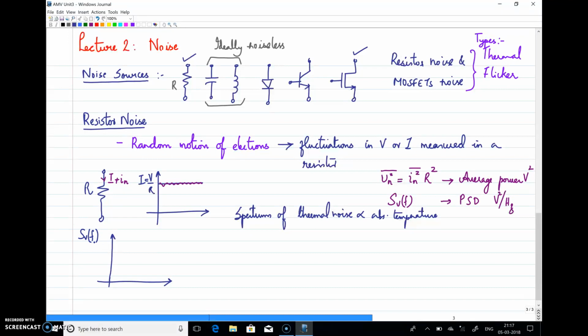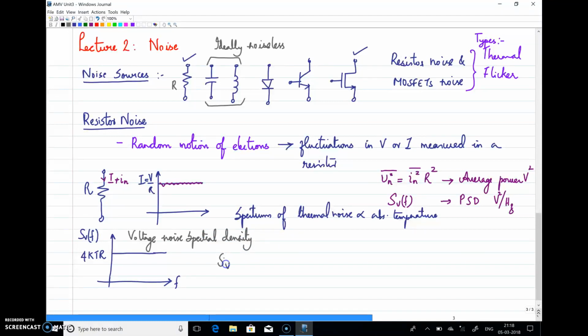It is proportional to absolute temperature, and it is a constant value across the range of frequencies. It is observed that this value is equal to 4kT times R. This is nothing but the voltage noise spectral density of a resistor.